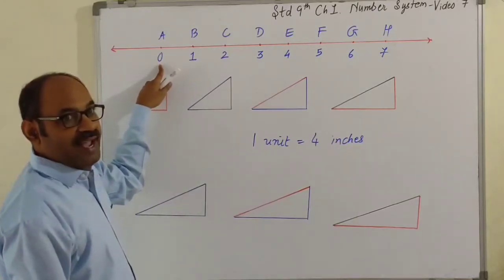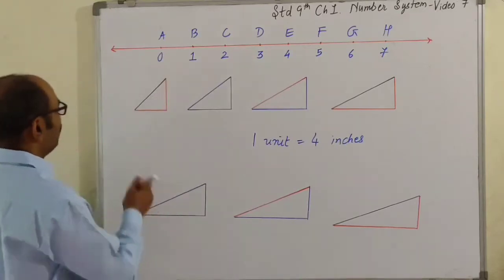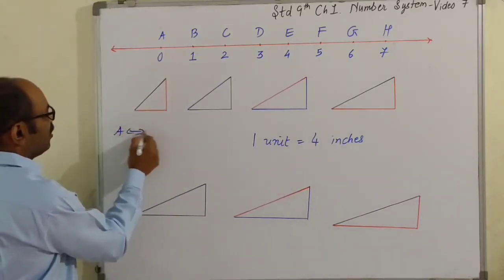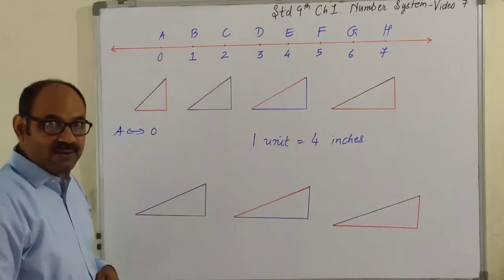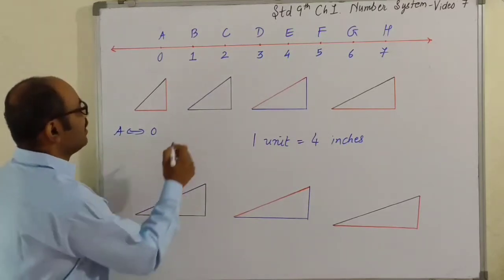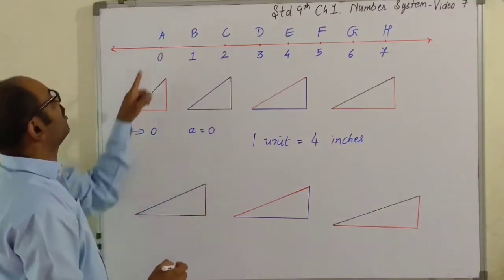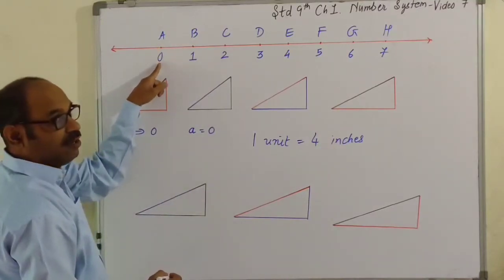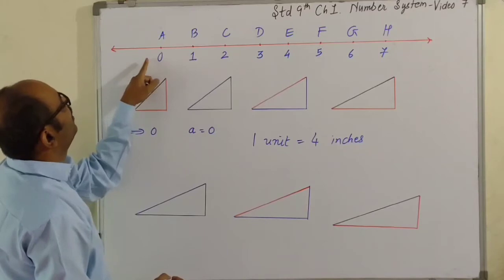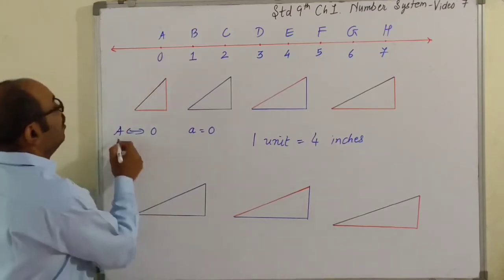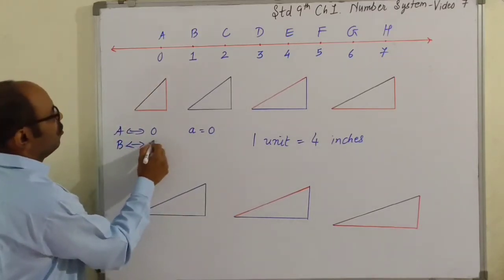Children, now what you have to observe? The first point A corresponds to 0. A corresponds to 0. And that is written like this. Small a is equal to 0. The number corresponding to this A is 0. And that 0 is symbolically written as small a. B corresponds to 1.